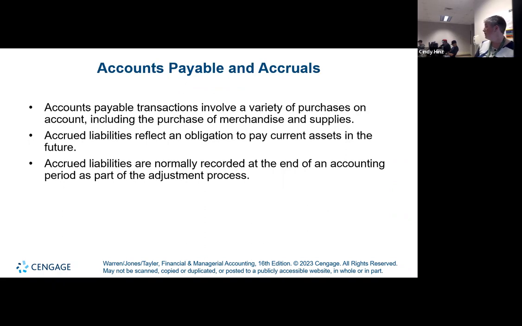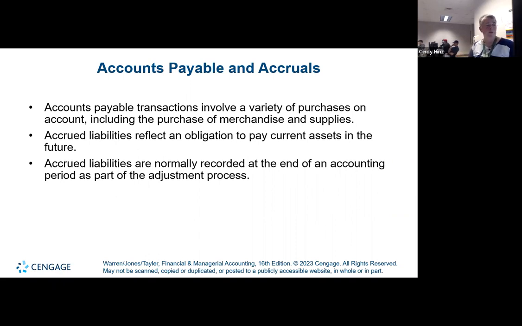Accounts payable is typically used for our operating costs, such as buying merchandise from our suppliers, paying our other bills, such as utilities, not wages, but utilities or any other purchases that we make in the normal course of operations. If we buy something on credit, we would use accounts payable to keep track of that.